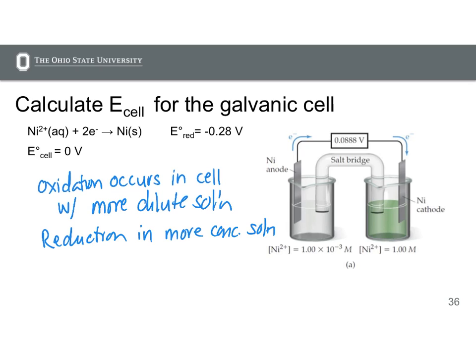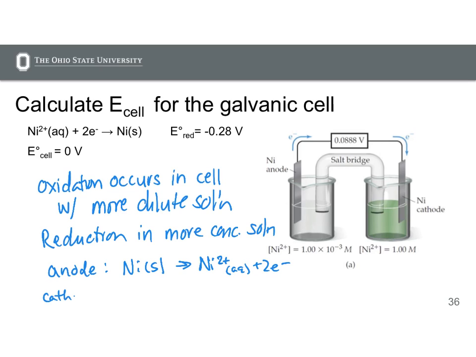You need to write the overall reaction in order to figure out which is your products and which is your reactants for use in Q in the Nernst equation. So at the anode, we're going to have our nickel solid forming nickel 2 plus ion and 2 electrons.